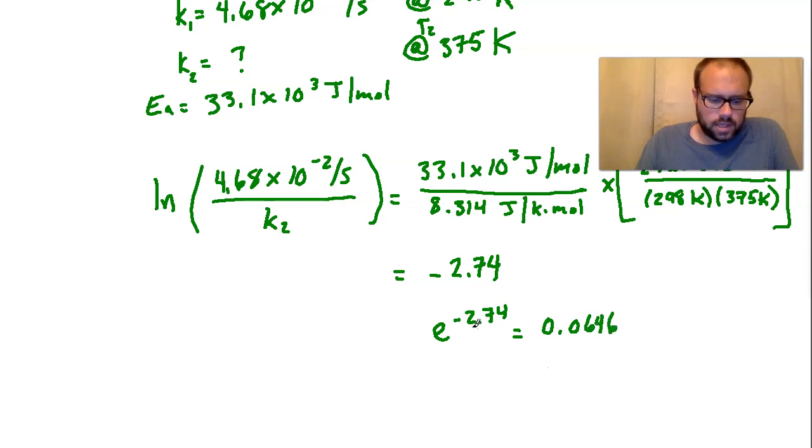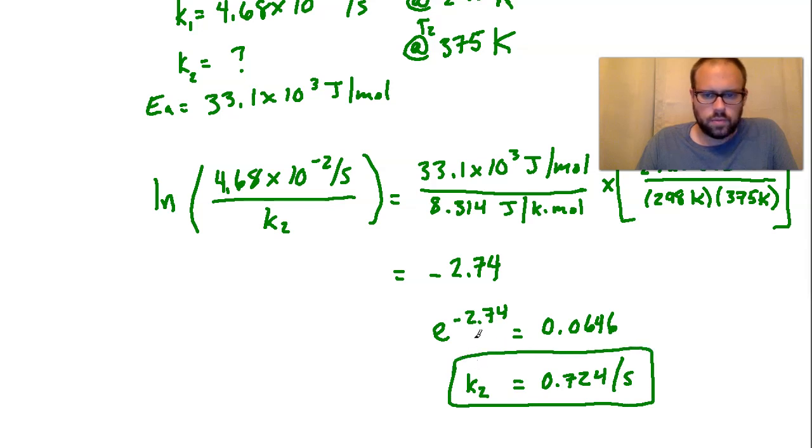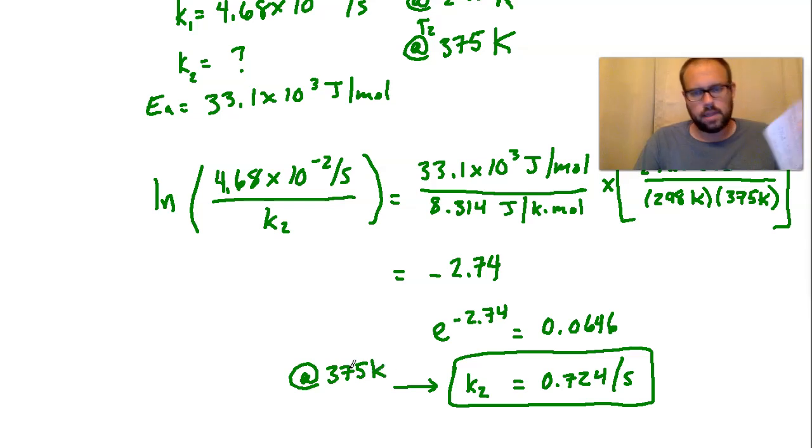Now keep in mind that this value is still going to be for 1 over K2, so I'm going to need to work with the inverse of that value. And if I do that, I'll end up with K2, and K2 is going to be equal to 0.724 per second. Okay, so this would be the new rate constant at 375 Kelvin.